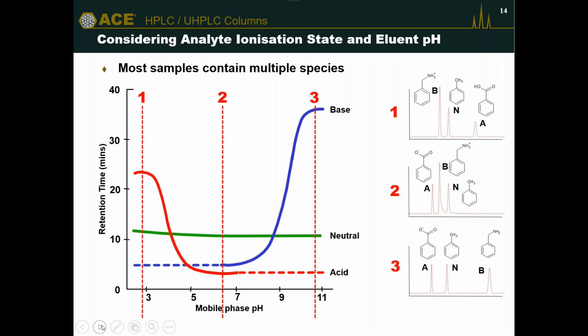Our neutral all the way through here is pretty much eluting in the same retention time, to a degree. And then our acid is poorly retained and eluting very early. So big changes in selectivity, in peak order, when you change the pH based on your analyte properties. So it's a very useful parameter to explore.